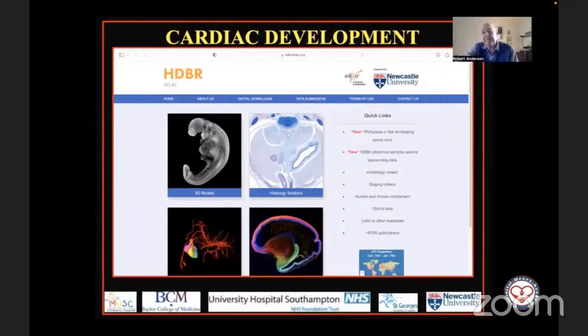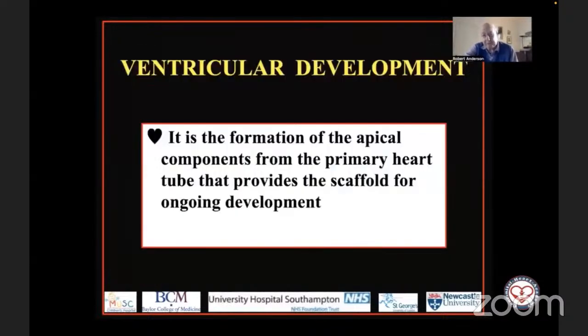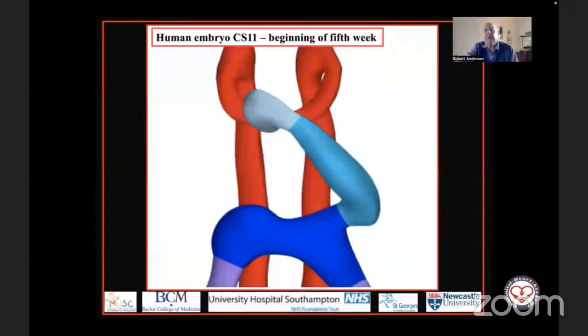But let's get down to the nitty-gritty, and let's come back to those trabecular components, because it is the formation of the apical components of the two ventricles from the primary heart tube that gives us the starting point for ongoing development. And the key process is what we call ballooning. Now, you've seen this before.